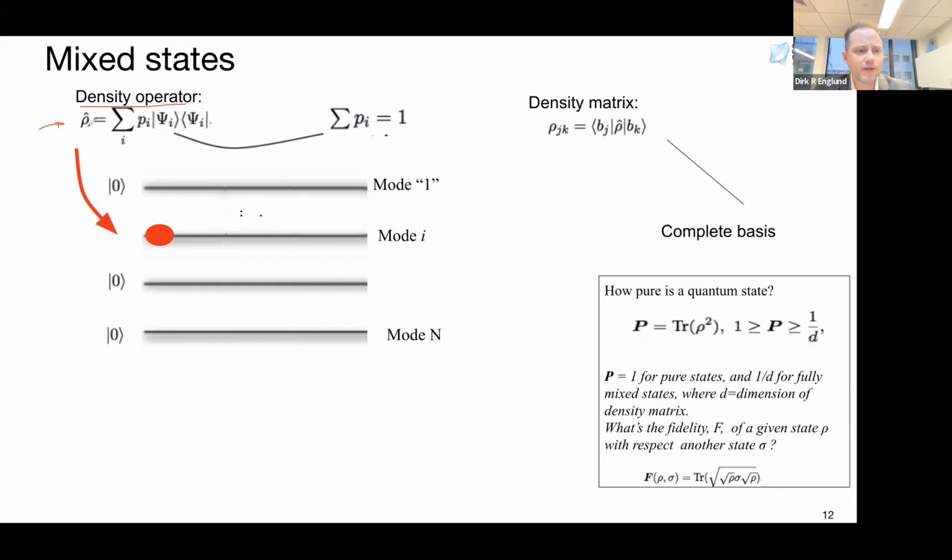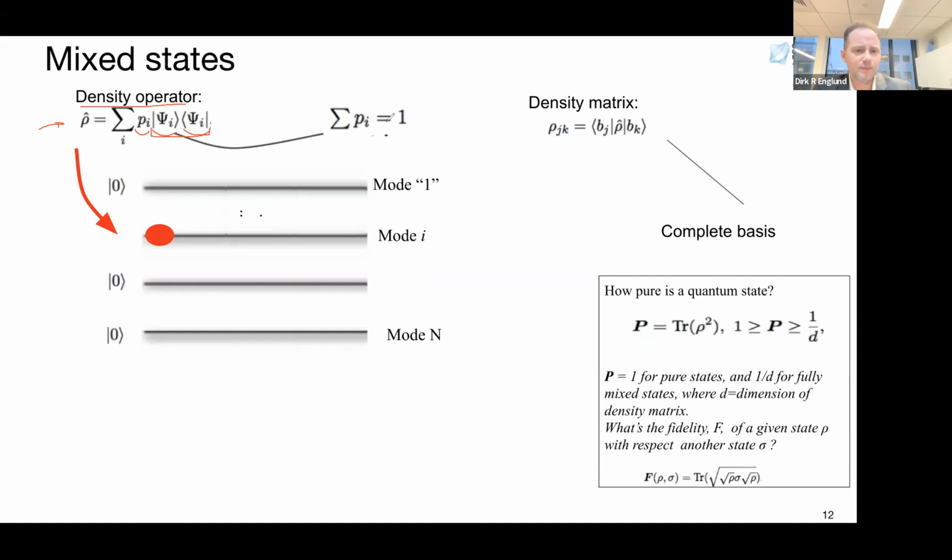This density operator here is the sum over these projection operators onto the modal basis of eigenstates that make up the system, with some probability weighting factor here.